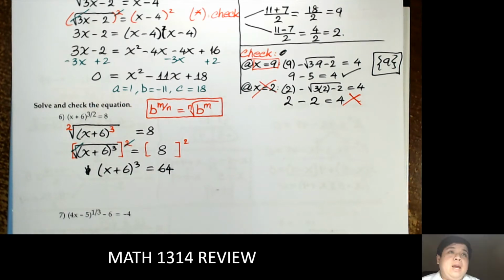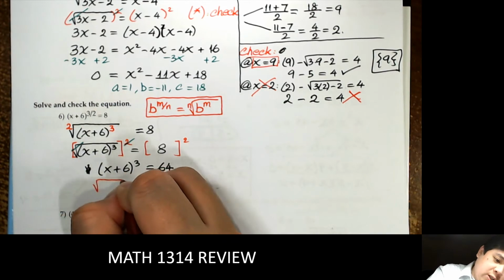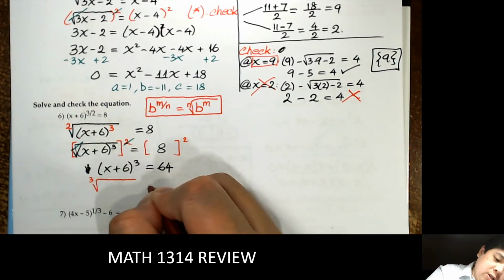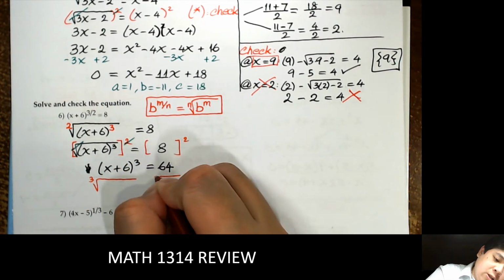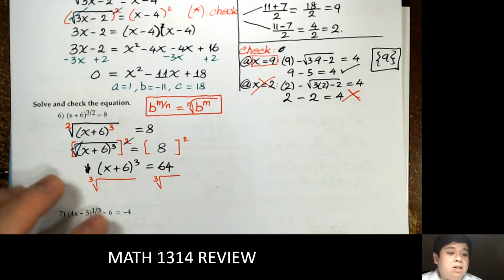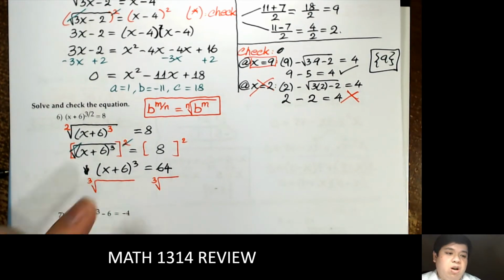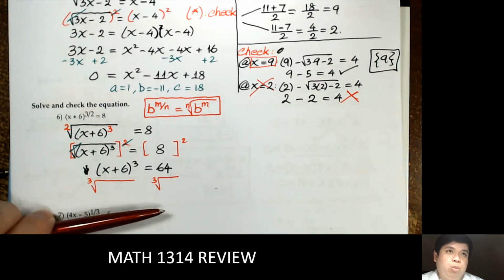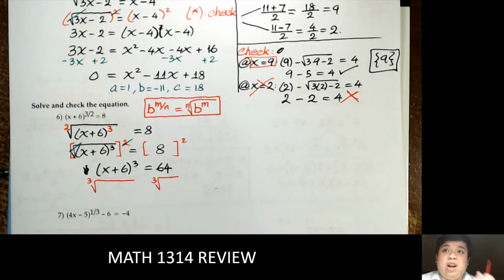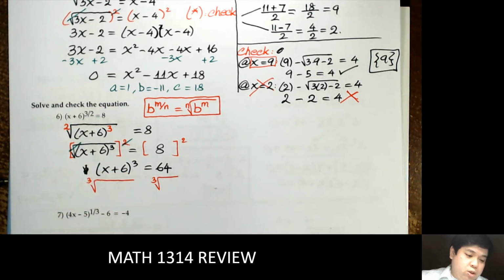Next, to get rid of the cube, we take the cube root. Notice that if this is a square root, there must be a plus or minus on both sides. But since this is the cube root, we cannot put a plus or minus here. So just the cube root, that's it.